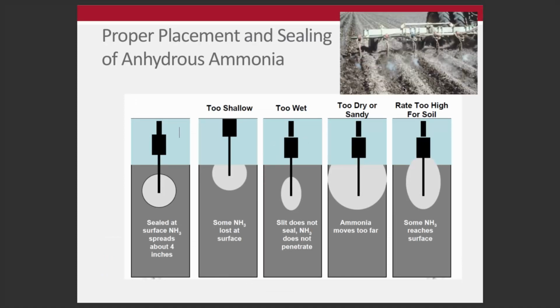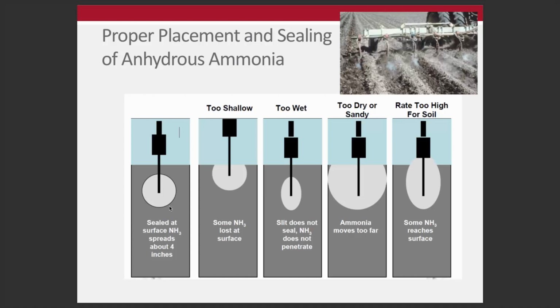And if you see a scenario like this, you will smell it before you see it. If there's ammonia getting lost in the gas form because that soil is not sealing properly, this is an extreme example where you can actually see that gas vapor, but again, you're going to smell that before you see anything because it's a very, very strong odor.